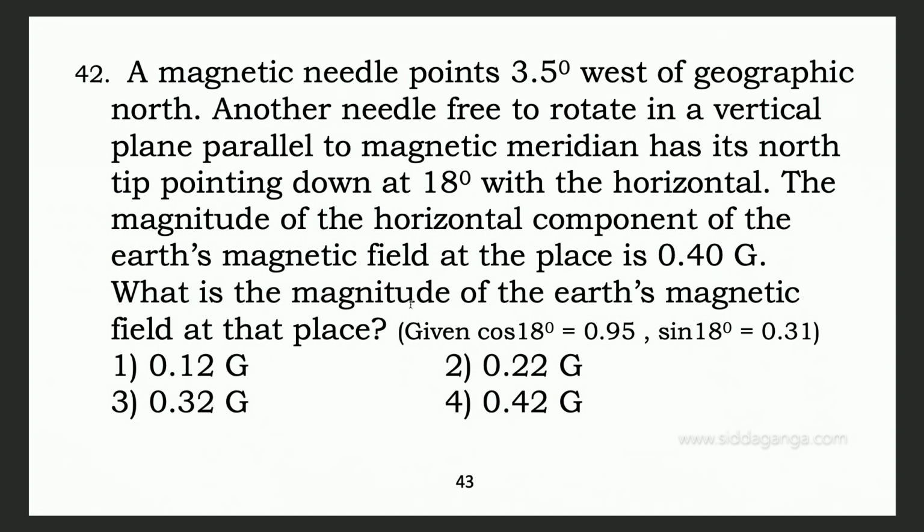The magnitude of the horizontal component of the earth's field, BH, is 0.4 G. What is the magnitude of the earth's magnetic field at the place?